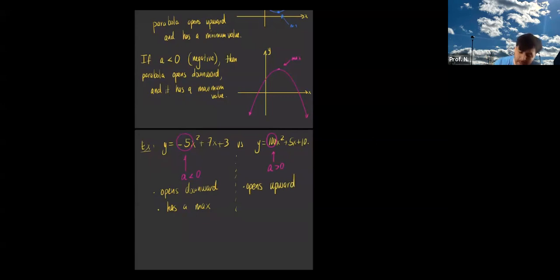If it opens upward, then it has a minimum. Okay? So one of them opens downward, has a max. The other one opens upward, has a min. And that's as simple as it gets in terms of determining whether something goes up or down.